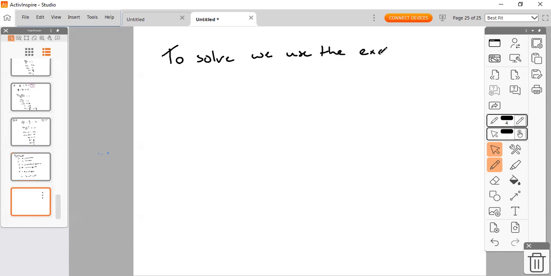we use the exact same process to rearrange.